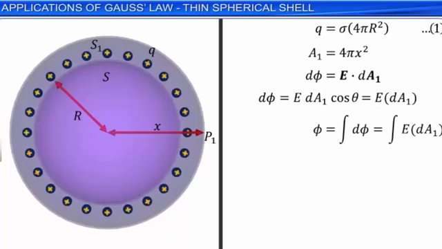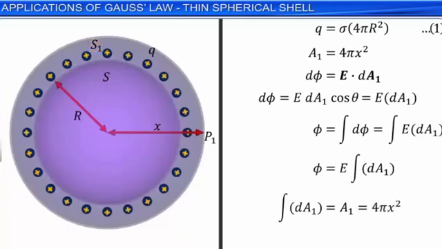Since E is constant in magnitude for every point on the Gaussian surface S1, phi is equal to E into integral dA1. Now, integral dA1 is equal to A1, where A1 is the area of the imaginary Gaussian surface S1, which is equal to 4 pi x square. Therefore, total electric flux phi is equal to E into 4 pi x square. Let this be equation 2.